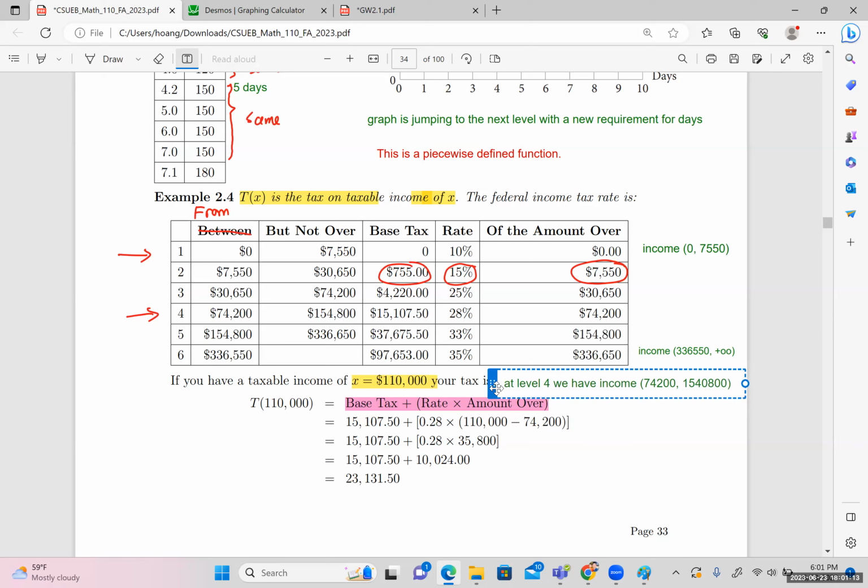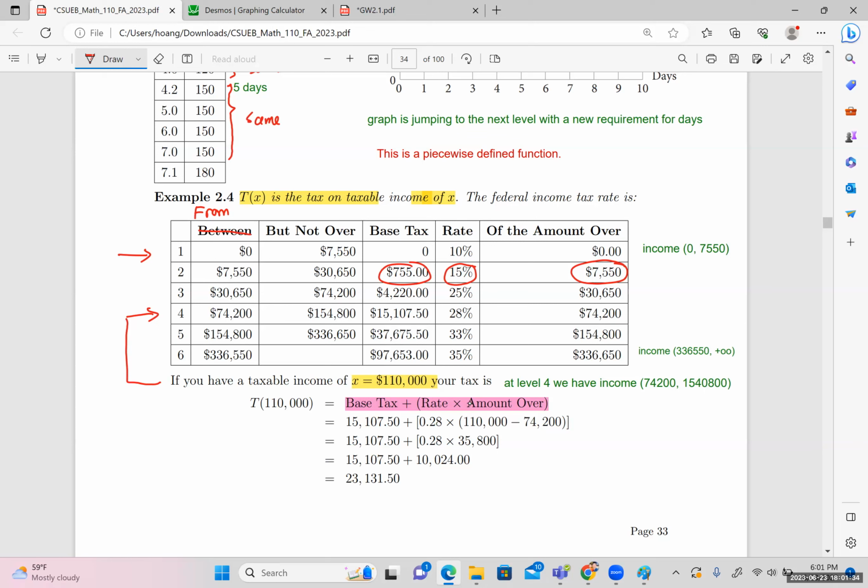That means I am at level 4 if I'm earning 110,000, because I am in that range.